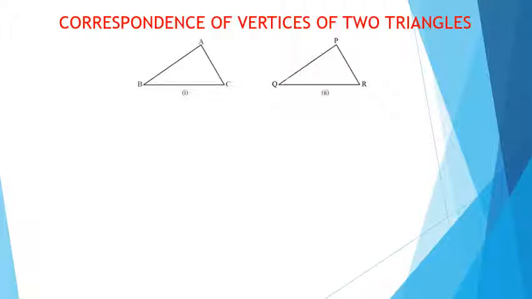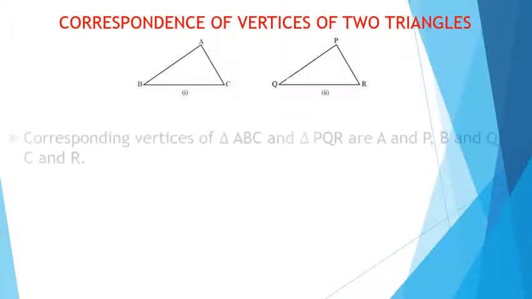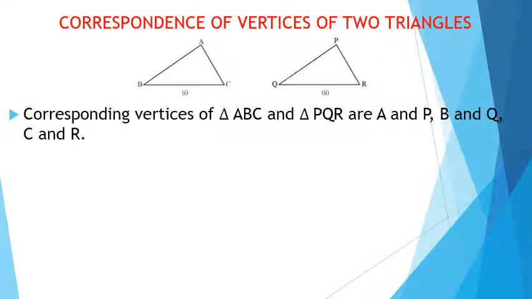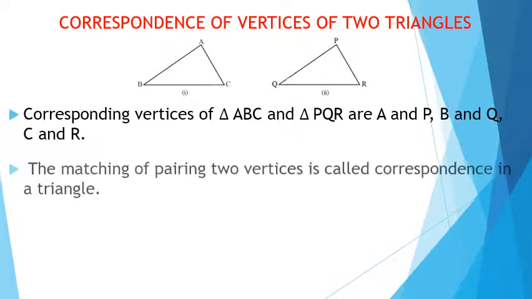That means between two triangles we can assume 6 correspondences between the vertices. The first example I have shown here, the corresponding vertices of triangle ABC and triangle PQR are A and P, B and Q, C and R.